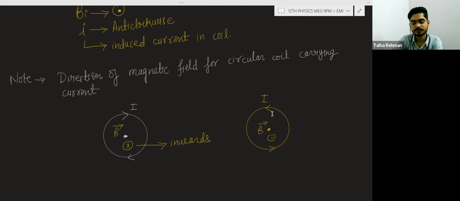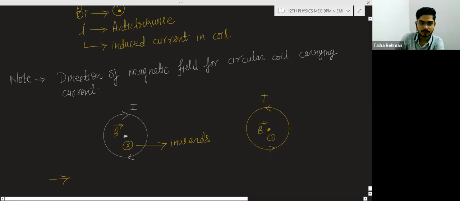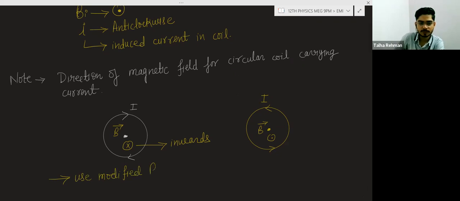Okay, Hamza? Getting? Yes, sir. Okay. This direction is given again by the modified right hand thumb rule.